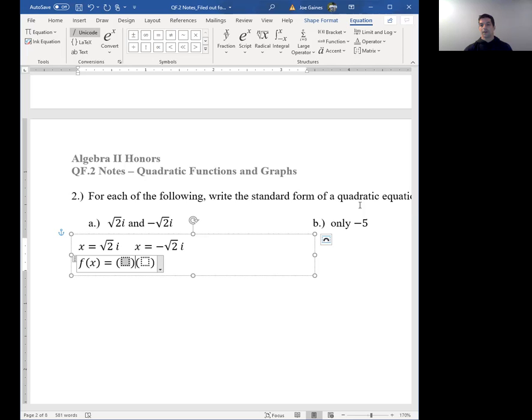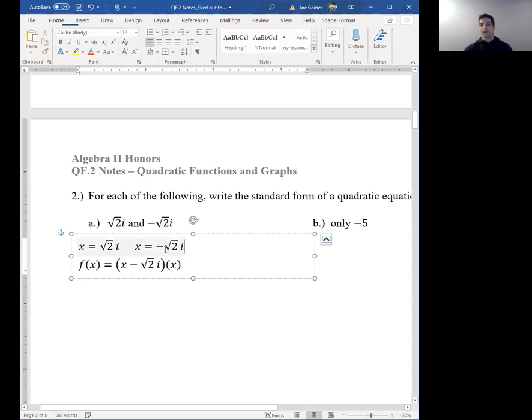So the factors here are going to be x with something and x with something else. For the solution x equals root 2i, I would want that to be equal to 0, so I'd need to move that root 2i back to the other side. So I would end up subtracting a root 2i here on the left side. So my factor is x minus root 2i.